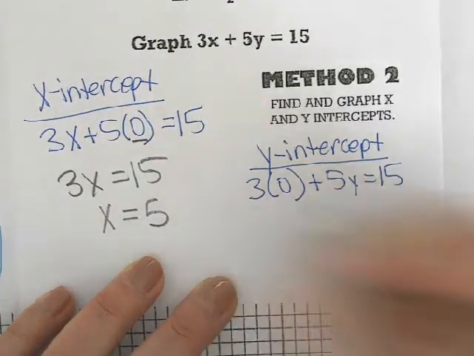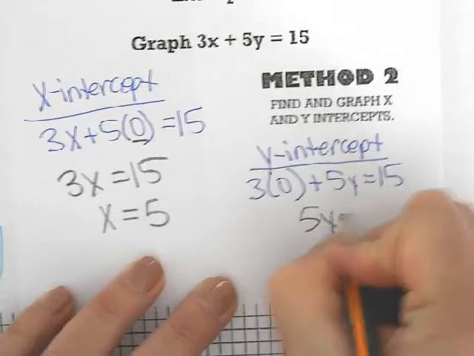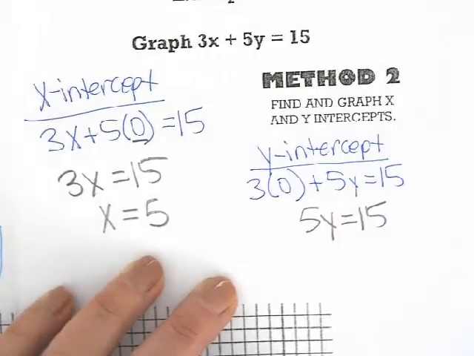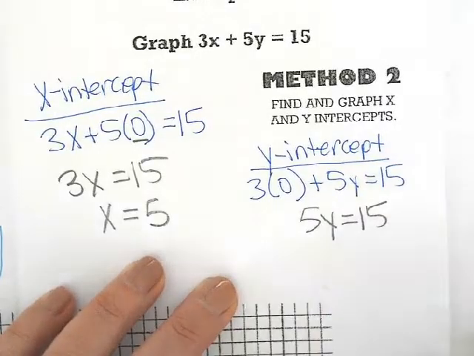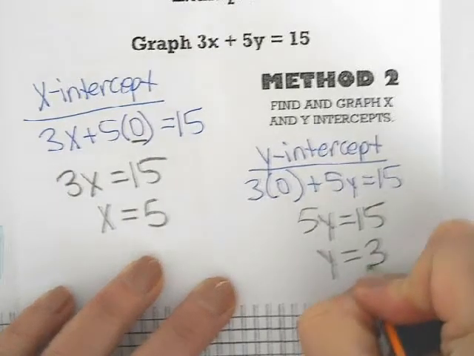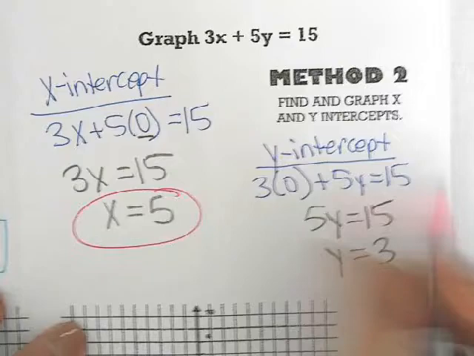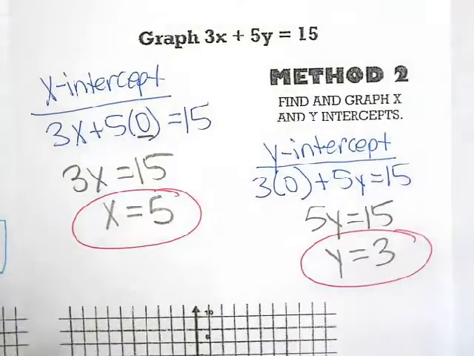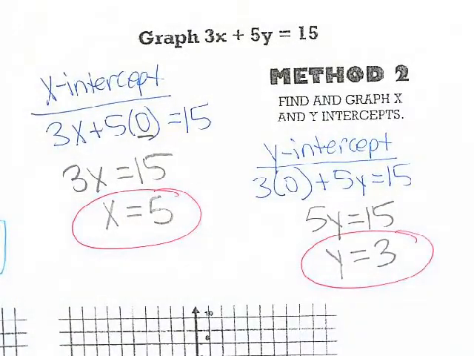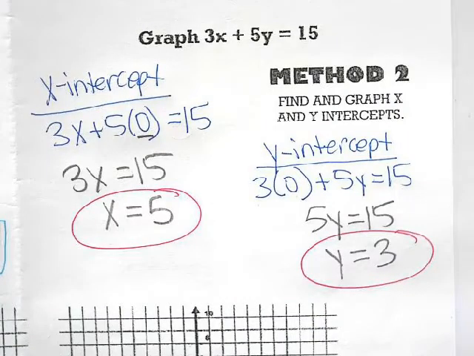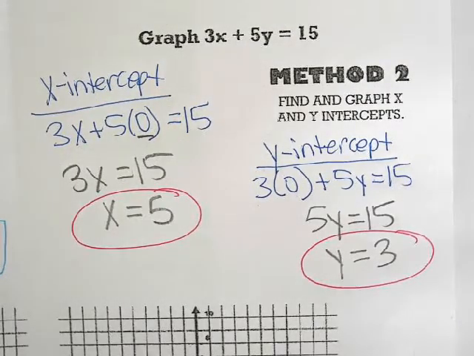So 3 times 0 is 0, so really this is 5y equals 15. I divide both sides by 5, so y equals 3. So my x-intercept and my y-intercept. Once I get those 2 answers, remember I wasn't given the slope or anything, I'm just looking for the 2 intercepts. I actually plot those on my graph.